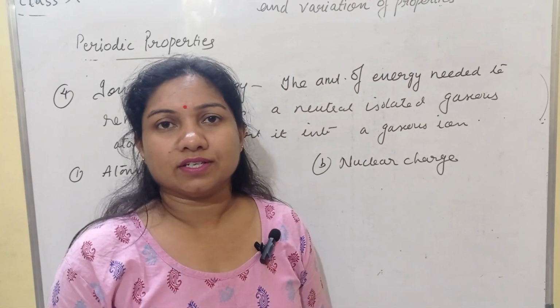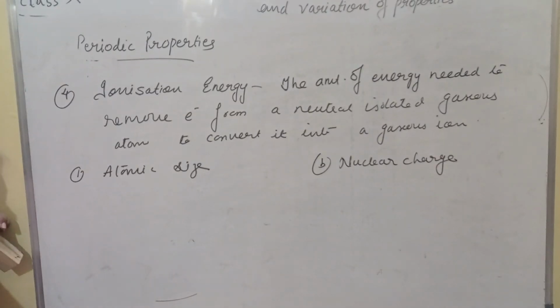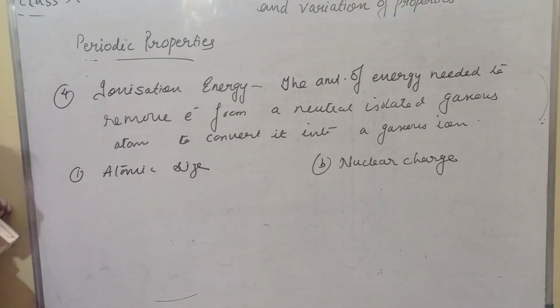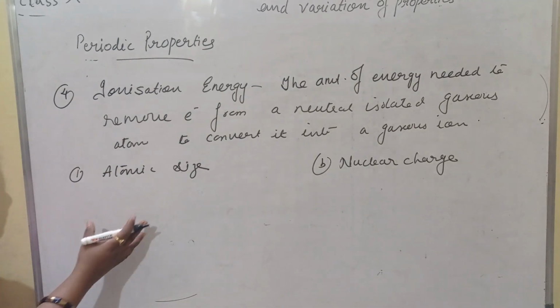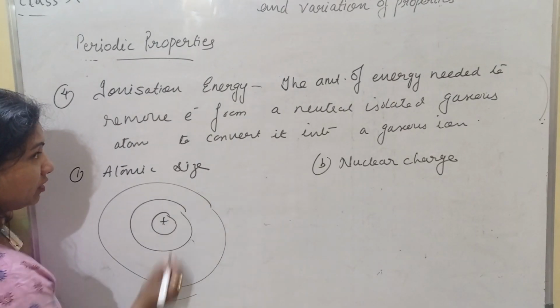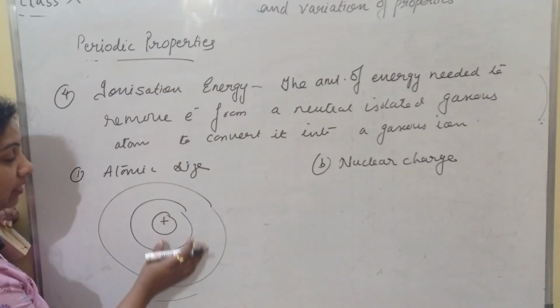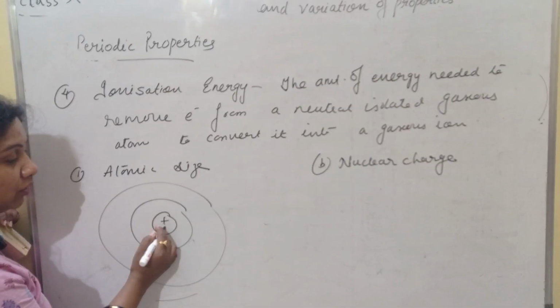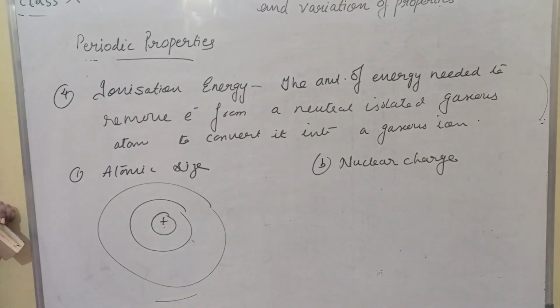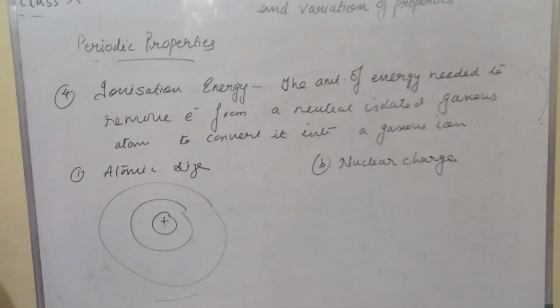Here we are discussing only the periodic properties. Atomic size, we have discussed it many times: an increase in the size of the atom will favor the removal of the electron easily. Why? Due to the lesser force of attraction between the nucleus and the outermost electron. So because of that, the electron gets removed easily.